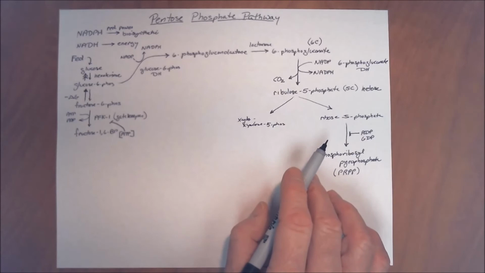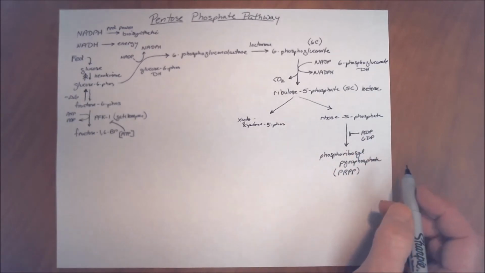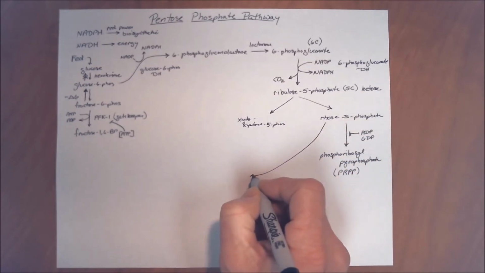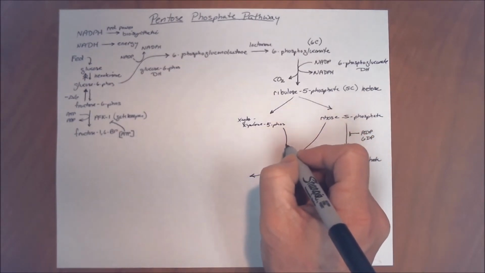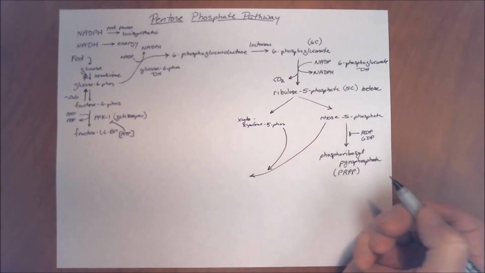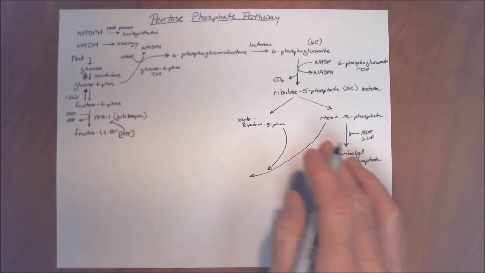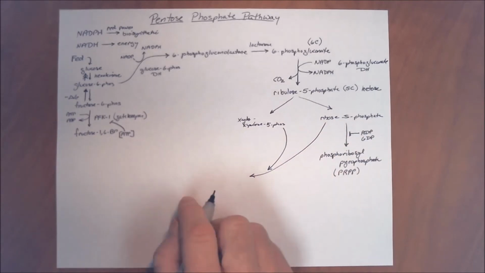What this allows us to do is, if we have sufficient nucleotides, we can take the ribose together with the xylulose 5-phosphate, and we can perform a series of reactions that will return these rich carbon sources back to glycolysis.